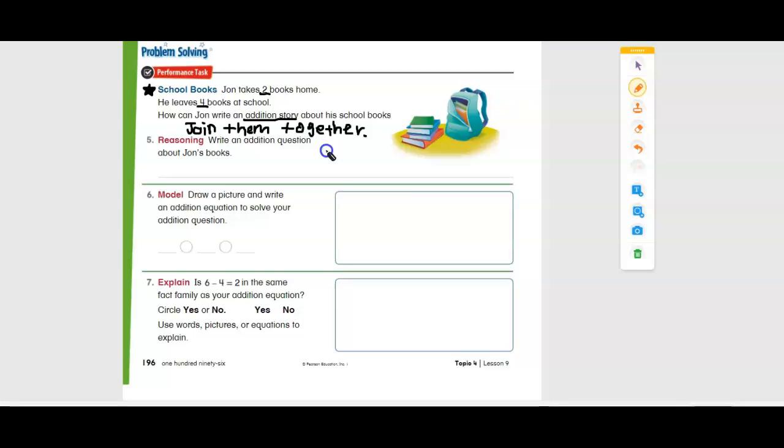We know our part of 4 and our part of 2. So if we know our part and our part, what information do we not know? We do not know our whole.